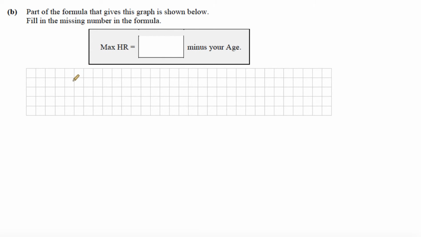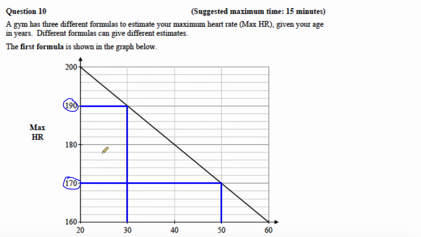Part B says, part of the formula that gives this graph is shown below. Fill in the missing number in the formula. The max heart rate is equal to some number minus your age. Well, if we do that in reverse, the number that we subtract your age from gives us the heart rate.